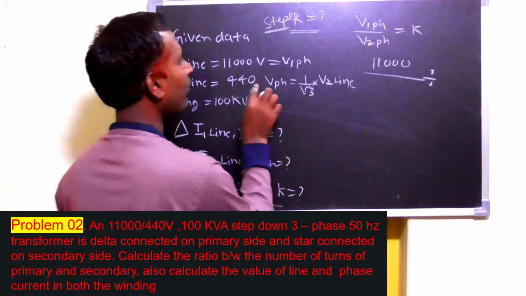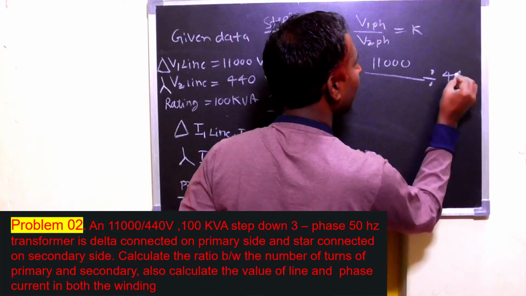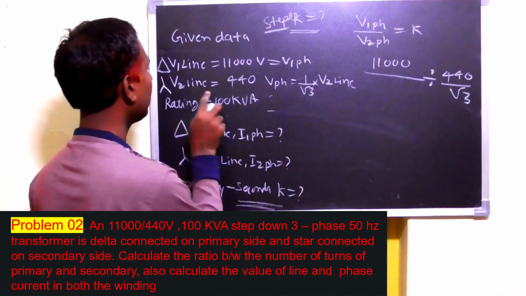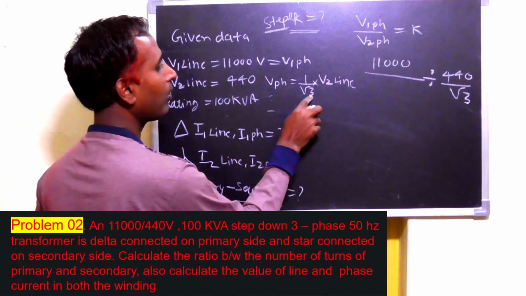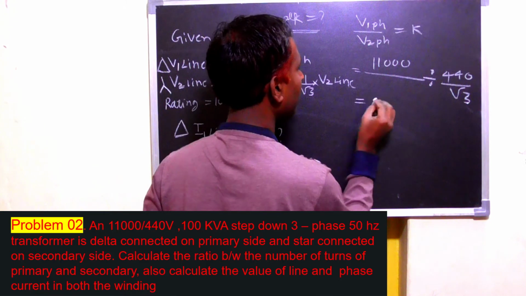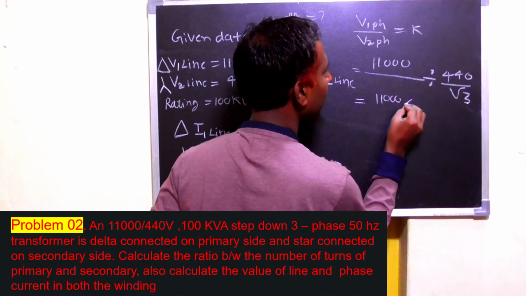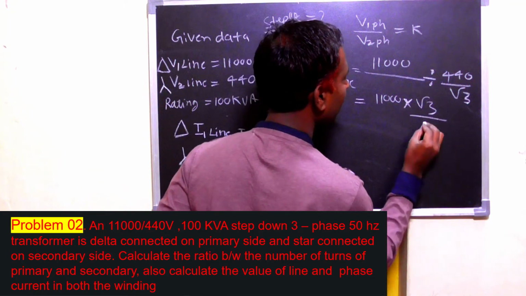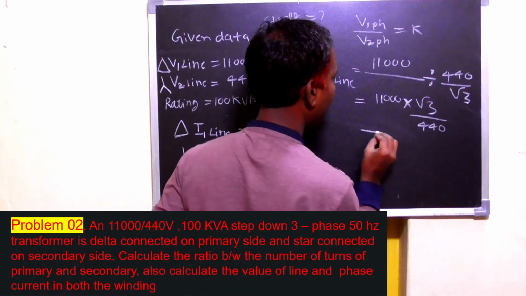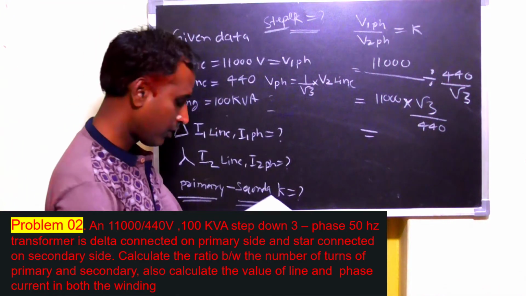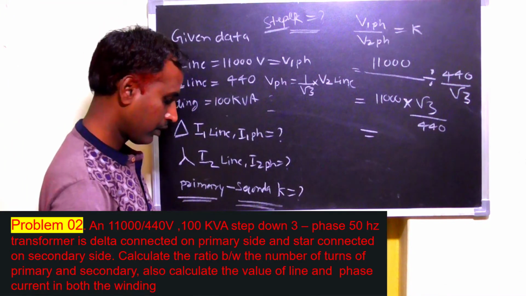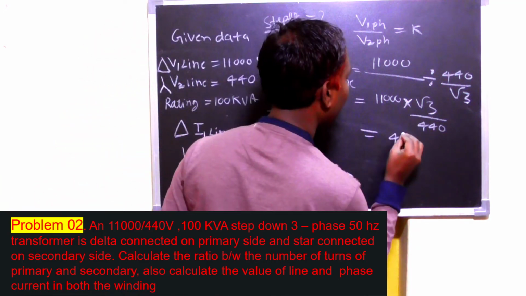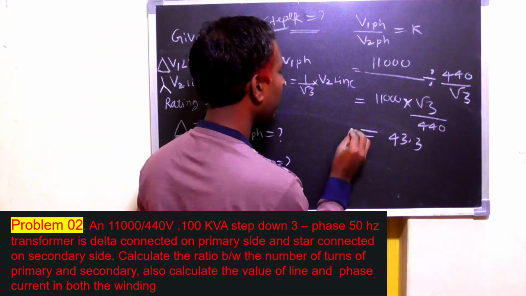How much is V2 line? 440. So V2 phase is 440 divided by root 3. If I solve this, 11,000 times root 3 divided by 440, I will get K equals 43.3. Okay, this is the K.